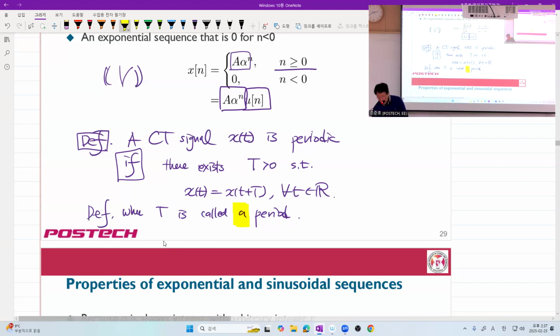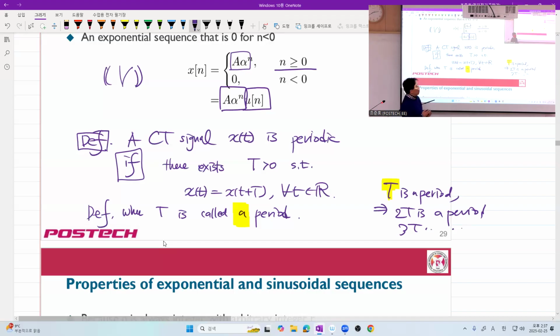For example, if T is a period, then you can easily show that 2T is a period, 3T is a period. Any positive integer multiple of a period is a period. Got it?